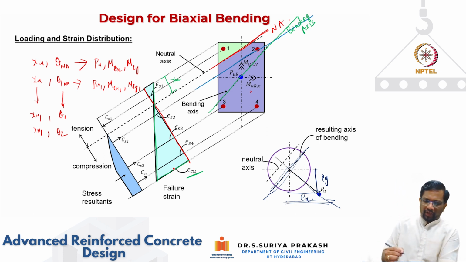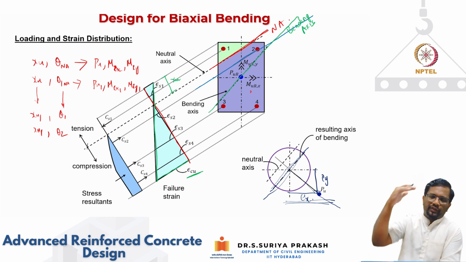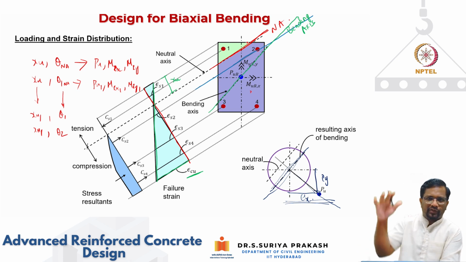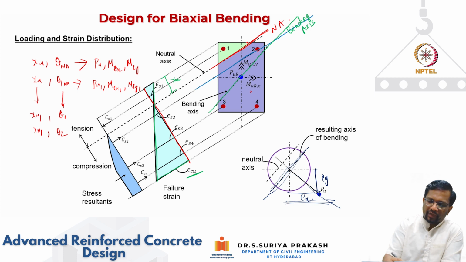So now you will find that in uniaxial bending, 1 and 2, let's say the layers of steel. Once you fix your layer of steel at depth y from the neutral axis, the bars in that particular layer were having the same strain. In this case, though layers 1 and 2 are at the same location from the cross-section point of view, one is going to be at a strain epsilon s1, which is this, and then 2 is going to be at this strain, which is epsilon s2.